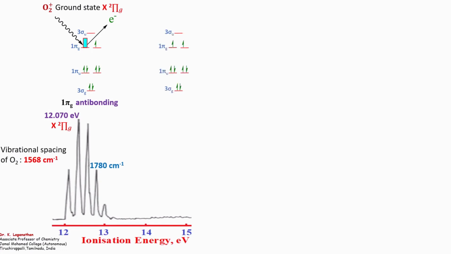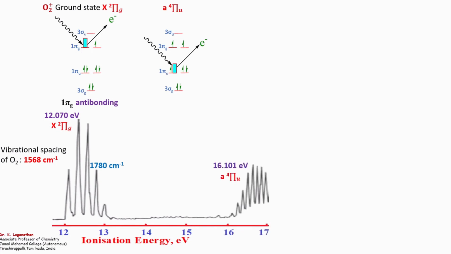When spin down electron of 1πu orbital is ionized, it results in lowercase letter a ⁴Πu ionic state and gives a signal at 16.101 electron volt.